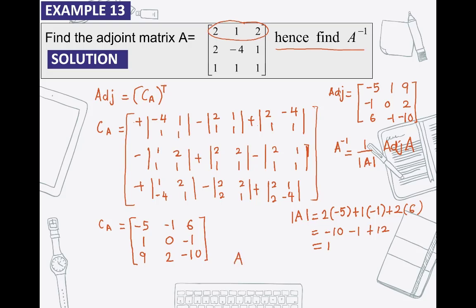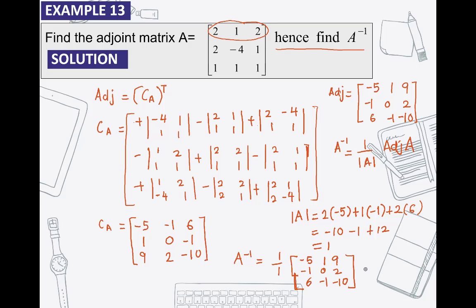Remember, we are actually finding A inverse. So A inverse is 1 over determinant of A multiply with adjoint A, which is negative 5, 1, 9, negative 1, 0, 2, 6, negative 1, negative 10. Sorry about that.